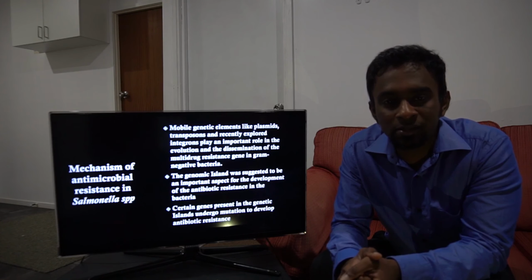The second one is the gene for tetracycline resistance. Resistance to tetracycline was conferred by the tetA gene, the gene located in the XbaI fragments. The third one is streptomycin resistance, and resistance against beta-lactamases.